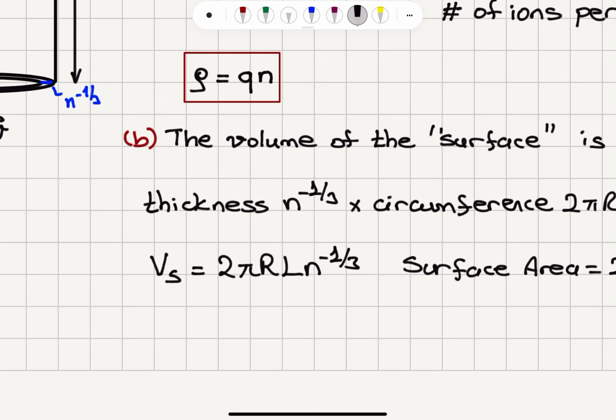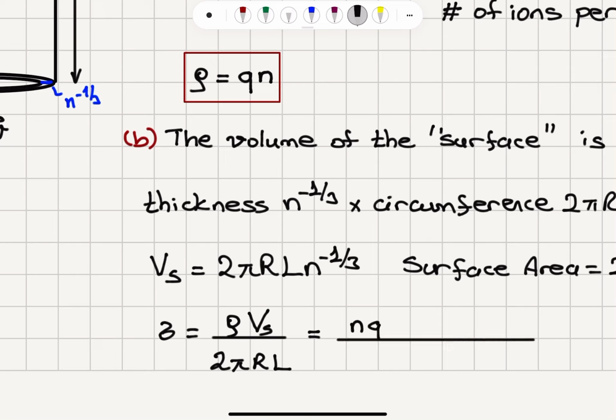Okay, so what is the surface charge density, charge per area? Well, it's the total charge, which is the volume charge density rho multiplied by the volume, divided by the area, which is 2 pi capital R L. So rho we calculated as Q times n, so nQ.